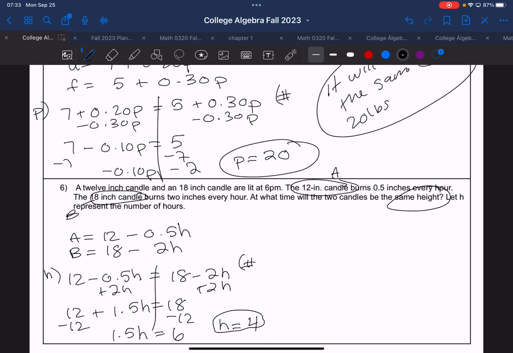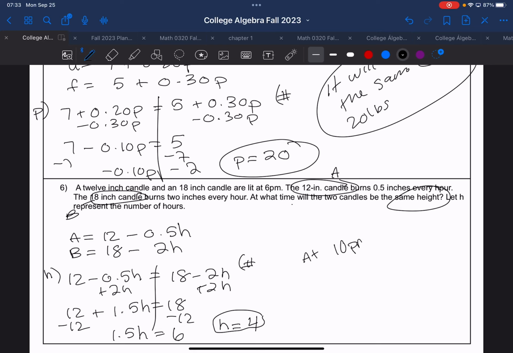Okay. My question says, at what time will they be the same? So it's asking for a specific time here, and that 4 only represented hours. Does it say somewhere in the problem what time it started? 6 p.m. So if it started at 6 p.m. and we got the answer will be the same 4 hours later, what time is it? 10 p.m. So what's my sentence? Good.